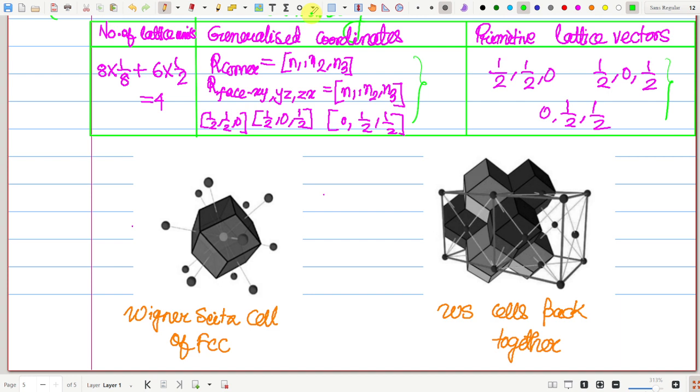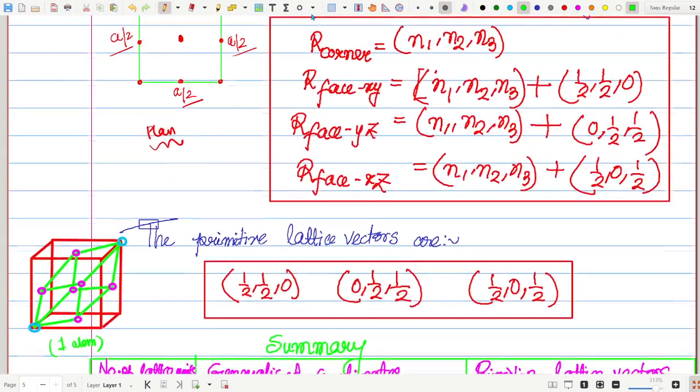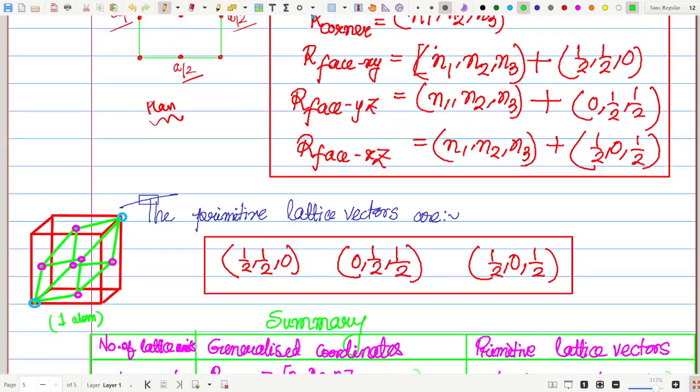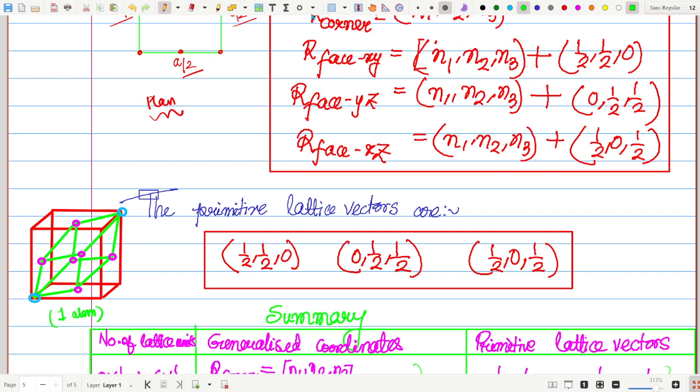And again we can see that these are joining each other to make the whole 3D shape. So what we studied today, this is all for today. The most important point that I would say in this whole lesson was to differentiate between the FCC unit cell and the primitive unit cell, similarly the BCC unit cell and the primitive unit cell.